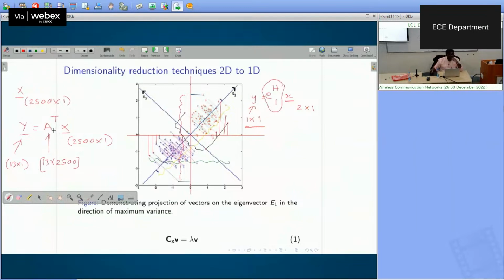And how are you going to construct this matrix A transpose? You construct it using the eigenvectors of the covariance matrix Cx computed using the outcomes of the random vector X. In fact, it is an estimate. You all know how the covariance matrix is defined: expectation of X minus mu X times X minus mu X transpose.